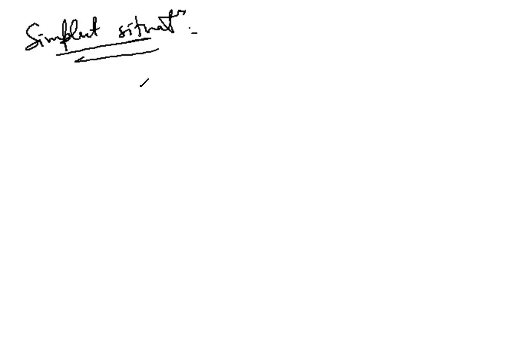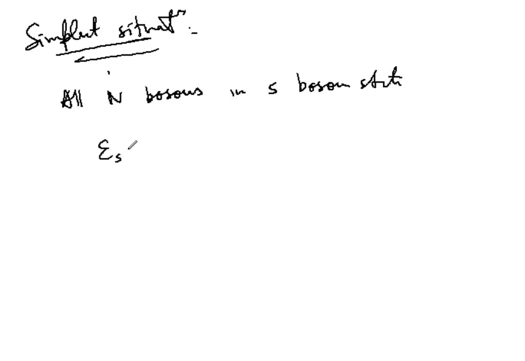The simplest situation is to imagine all N bosons in the S boson state. Right. Then by convention, epsilon S is equal to 0, which is the absolute ground state.